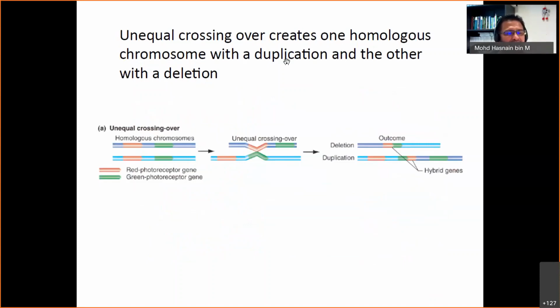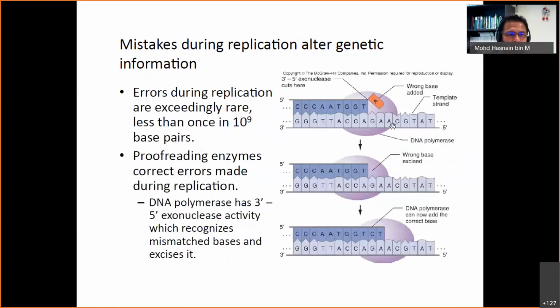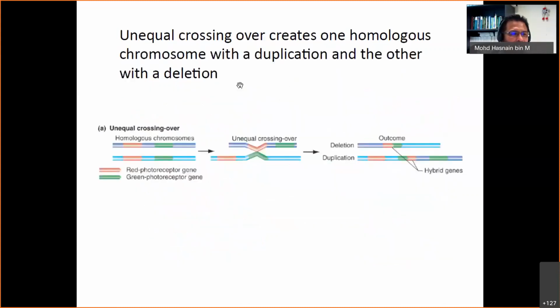Unequal crossing over creates one homologous chromosome with a duplication and the other with a deletion. So you remember, mutation is not only due to changes in the nucleotide, but you can also have homologs that cross over, unequal crossing over, which means that one of the chromosomes moves to the other side.